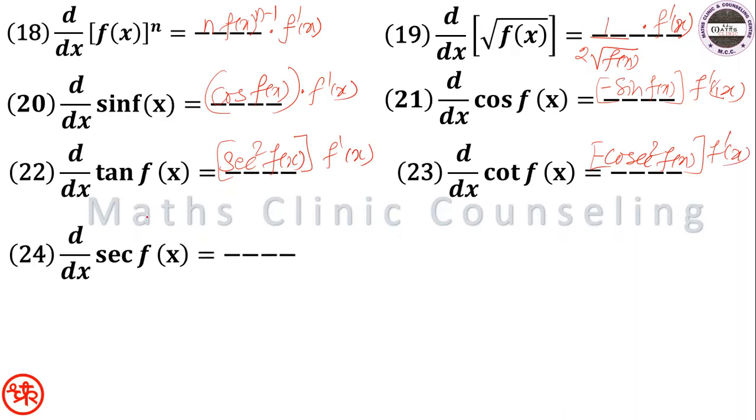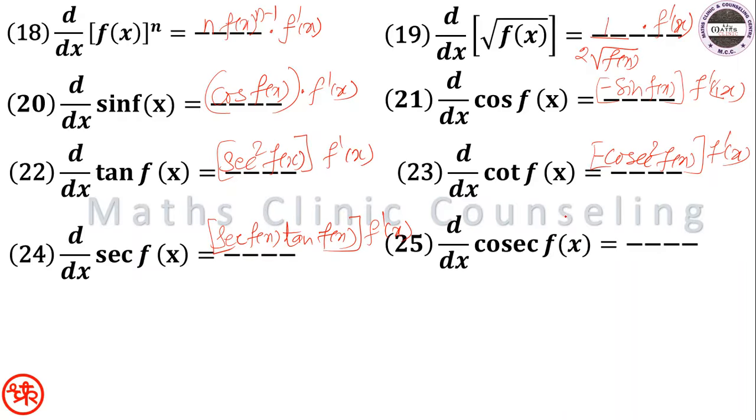Then sec f of x: it is sec f of x into tan f of x, sec x का derivative, into f dash of x. Is that clear? Then next cosec f of x: minus cosec f of x cot f of x, and this multiplied by f dash of x. Is that clear?